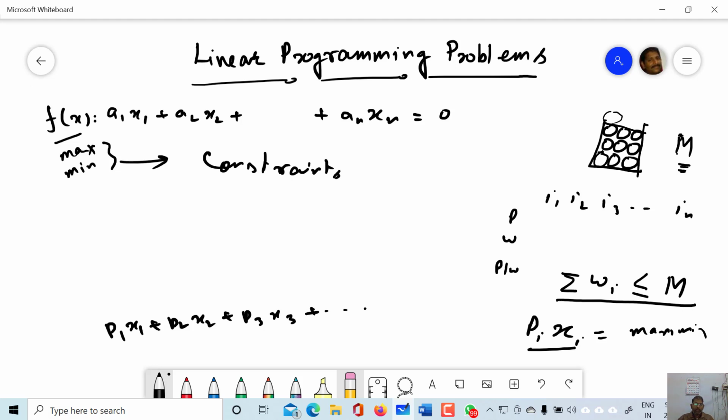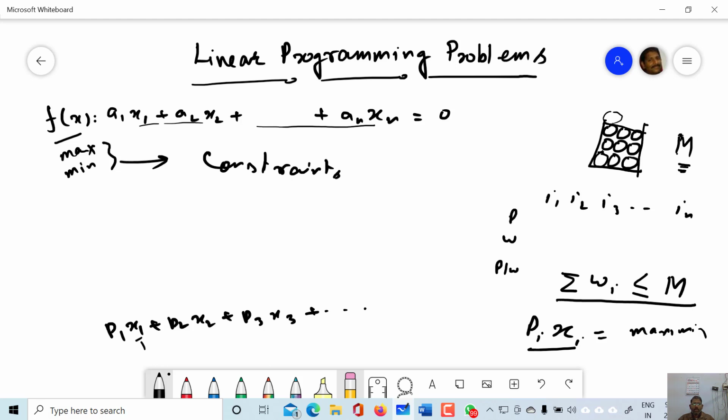Initially x will be 1 because you place the full item, and in the last x will be a fraction based on how much space is vacant.